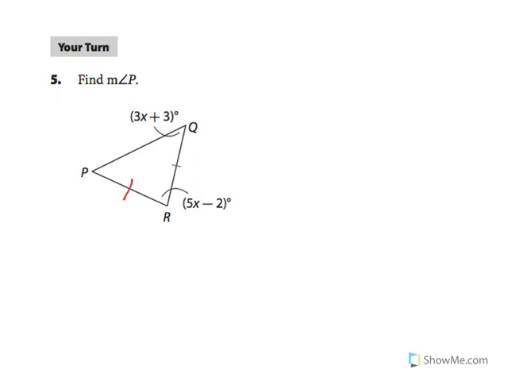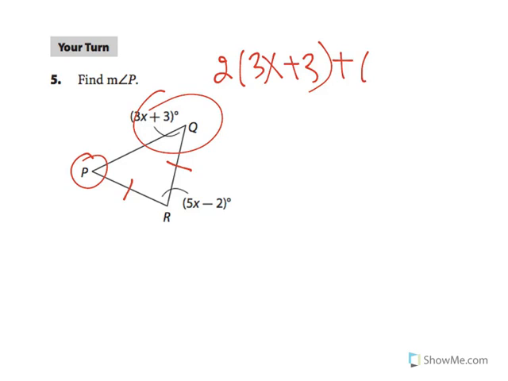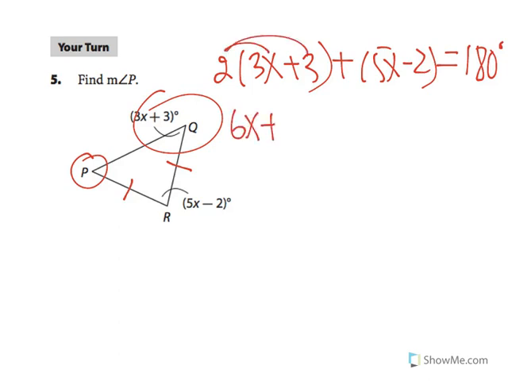Okay, this is an isosceles triangle. That means that angle P and angle Q are congruent. So we can say 2 times (3x plus 3) plus 5x minus 2 equal to 180 degrees. Now using the distributive property, that gives us 6x plus 6 plus 5x minus 2 equal to 180 degrees.